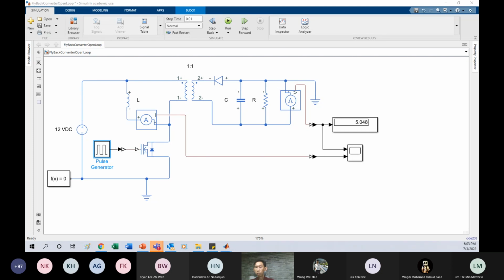Okay, Osama. Good. So you know how to create your own high frequency transformer.